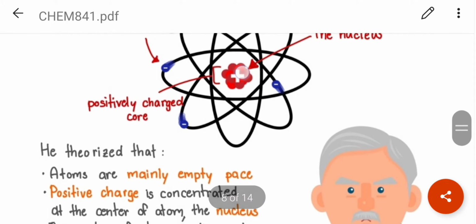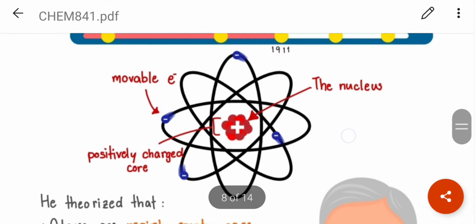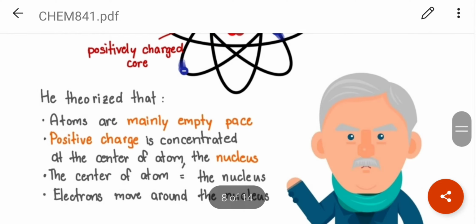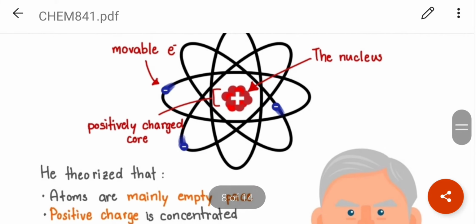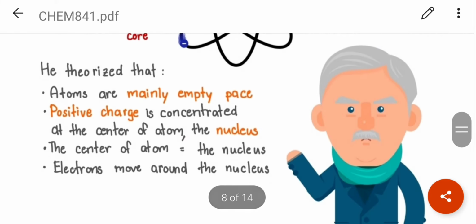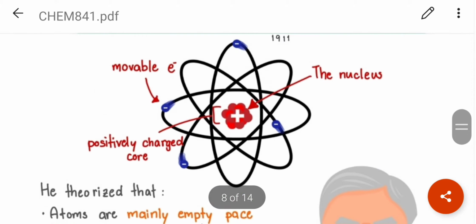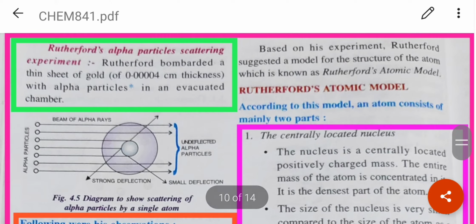Positive charge is concentrated at the center of the atom, also called the nucleus, as you can see in the figure, and electrons move around the nucleus. Now for this he carried out an experiment which is popularly known as Rutherford's alpha particle scattering experiment.